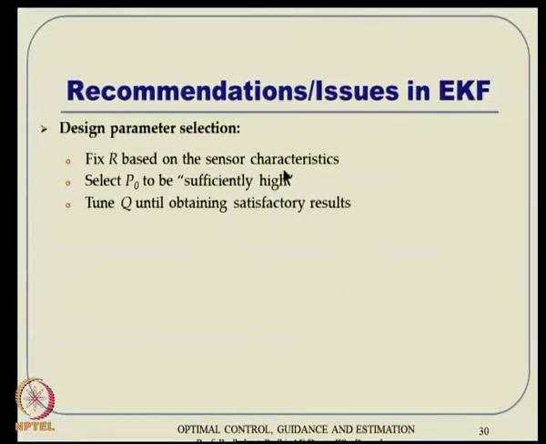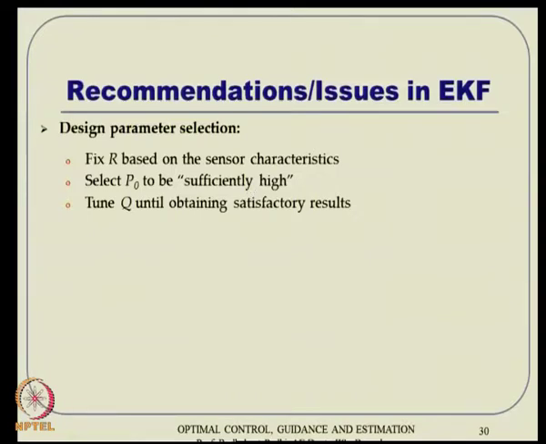In other words, whatever initial value of the state you are guessing, we assume it has a large error. So, we take P naught to be sufficiently high, and that has some ramification: the transients can be high, but it can converge much faster.